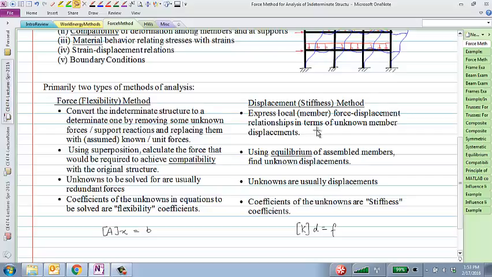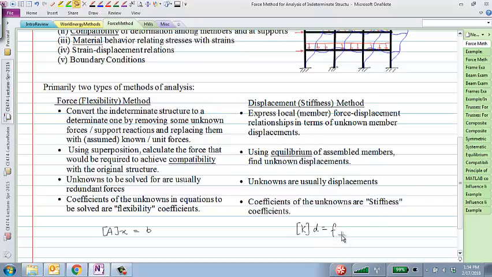And the trick there is that if I assemble all of these individual force-displacement relationships together for the entire structure, then I would be able to solve for the unknown displacements at the nodes. So here, we express the local force-displacement relationships for each one of those members, assemble them, and use equilibrium to solve for the unknowns, which are usually displacements.